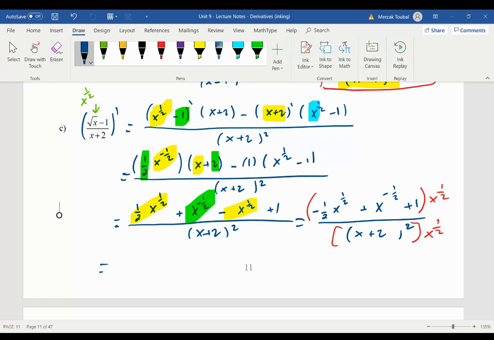So x to the 1 half times x to the 1 half, that's x to the power of 1, because 1 half plus 1 half is 1.